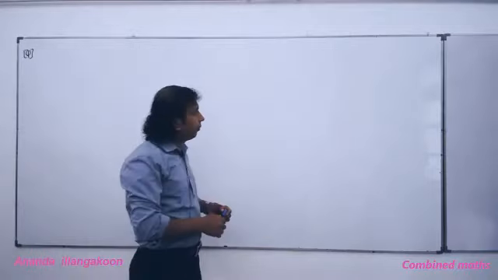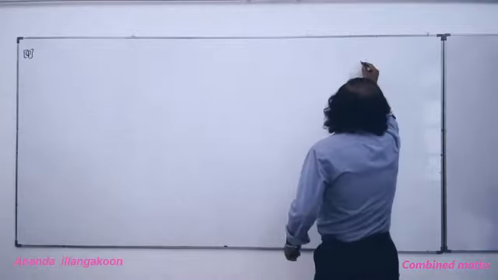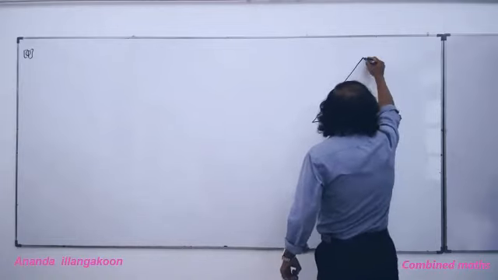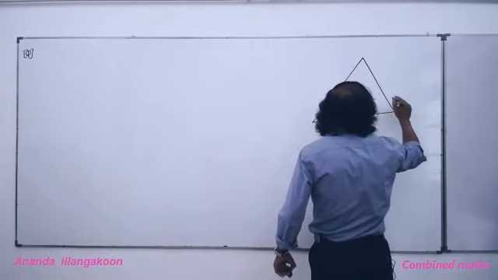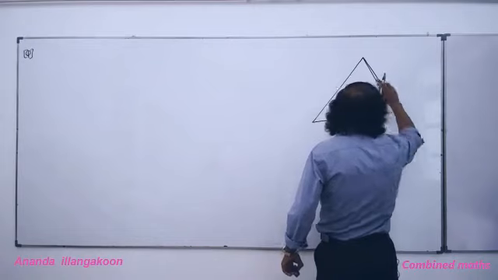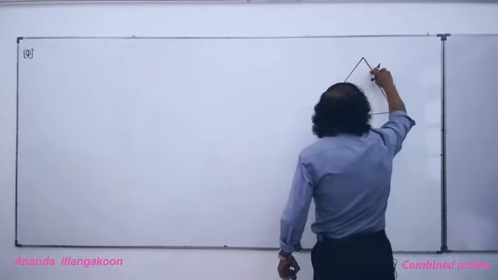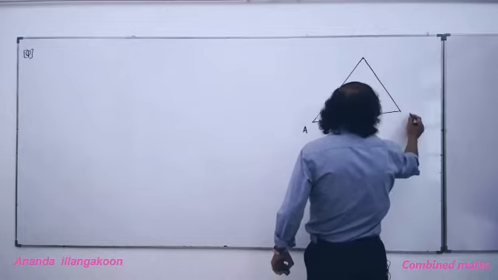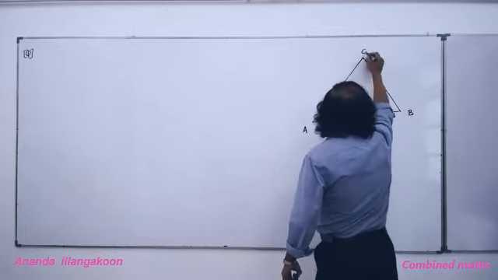I'm going to take a triangle like this. The triangle is ABC triangle. A here, B here, C here.